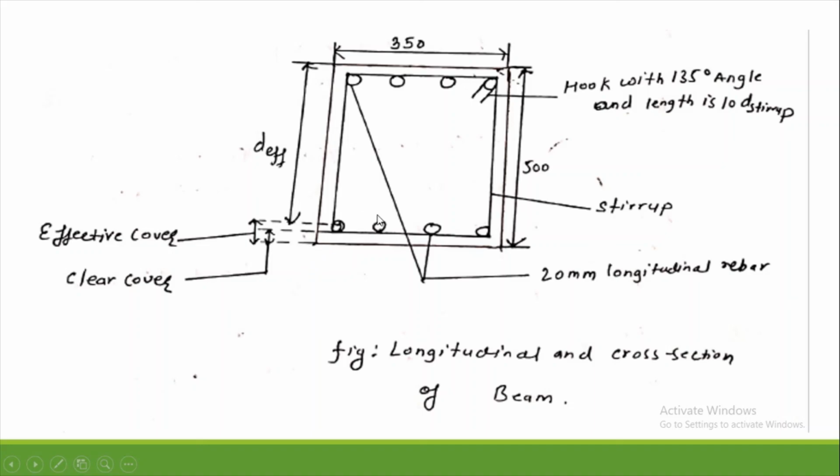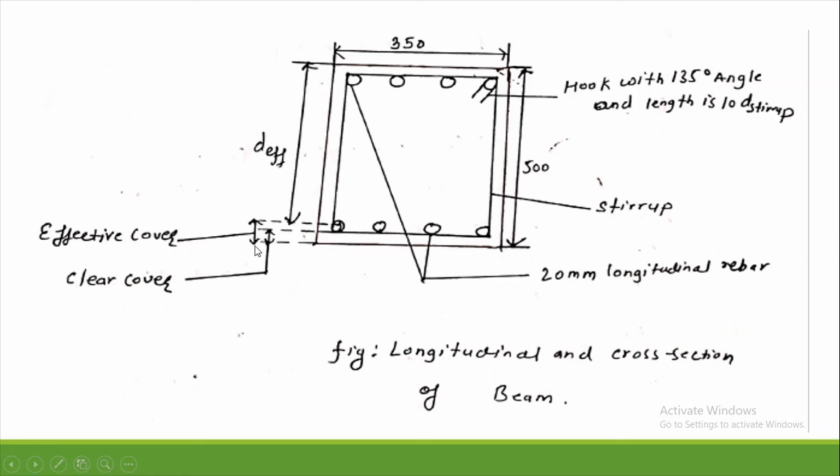Now we have here the cross section of the beam. These are the longitudinal rebars, and this one is the stirrup. This 350 is the width of the beam, and 500 is the overall depth. D effective is just the effective depth, and it is simply the distance from the top surface of the beam up to the center of the bottom longitudinal rebars.